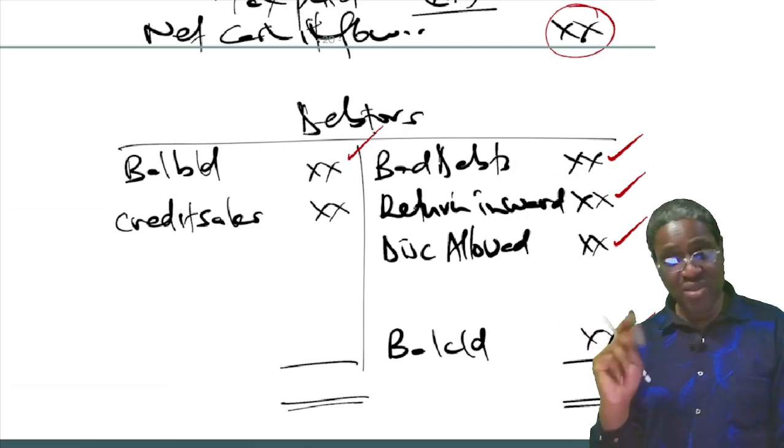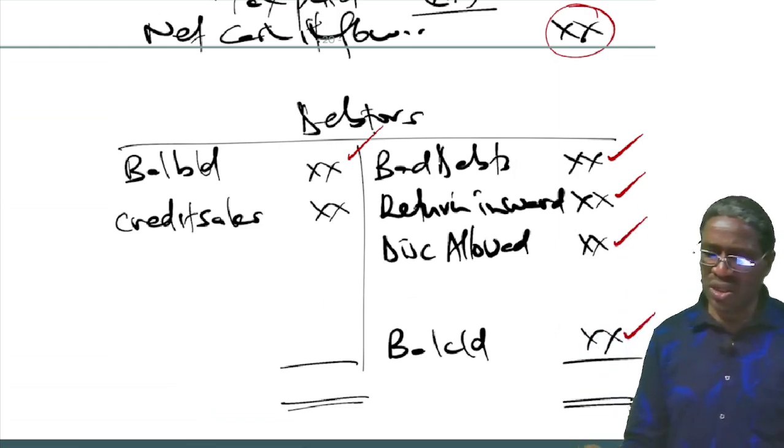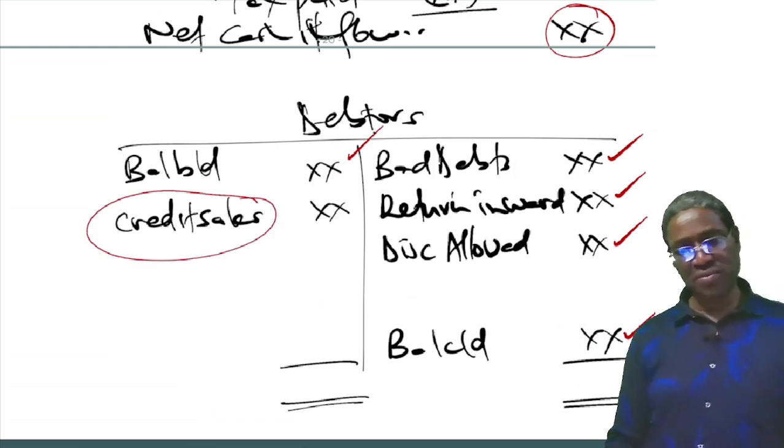Point number two, listen. When you are preparing a debtor's account, we normally use this figure called credit sales.